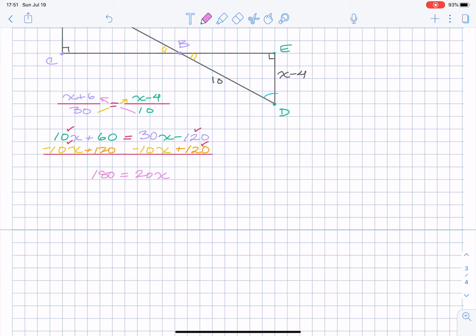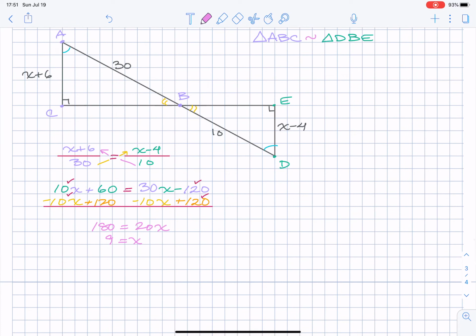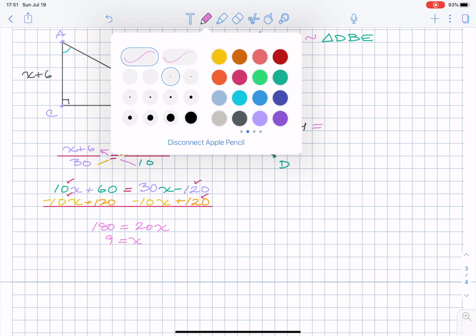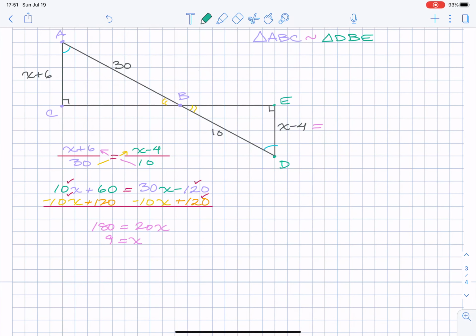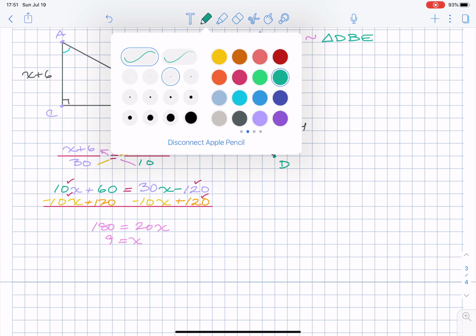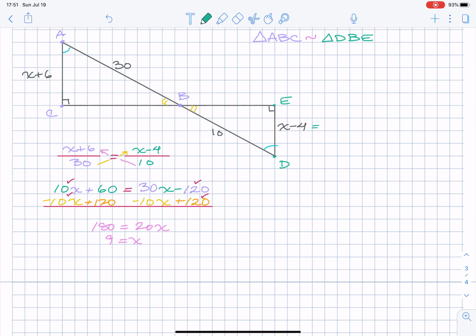So dividing 18 by 2, I get 9. So 9 must be equal to x. Okay, so if that's true, then x minus 4 will be what? This is 9 minus 4, which will be 5.